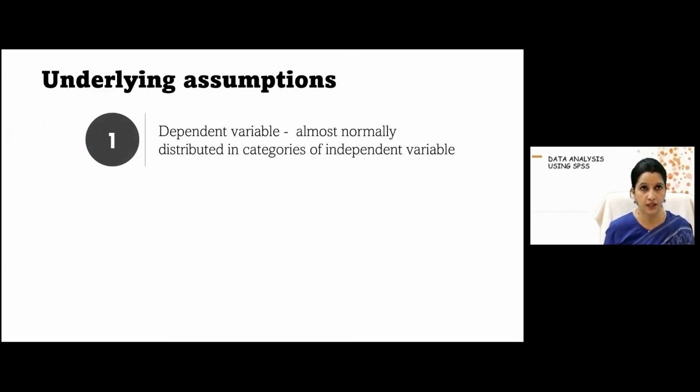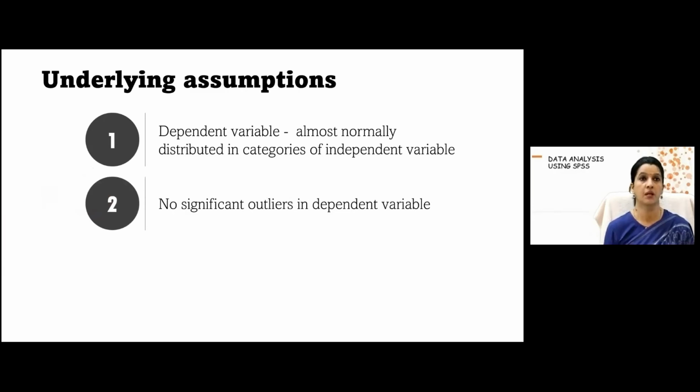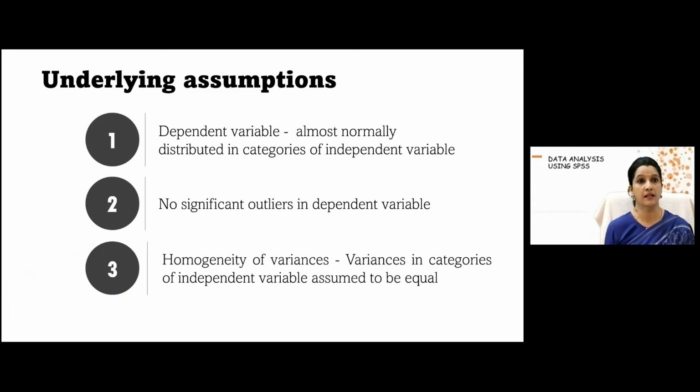The other underlying assumptions are the same as those of the independent sample t-test: the dependent variable should be normally distributed in the categories of the independent variable, there should not be any significant outliers in the dependent variable, and homogeneity of variance should hold across all three groups. We discussed this in the independent sample t-test, so I'm not going into detail. We apply the Levene test of equality of variance.